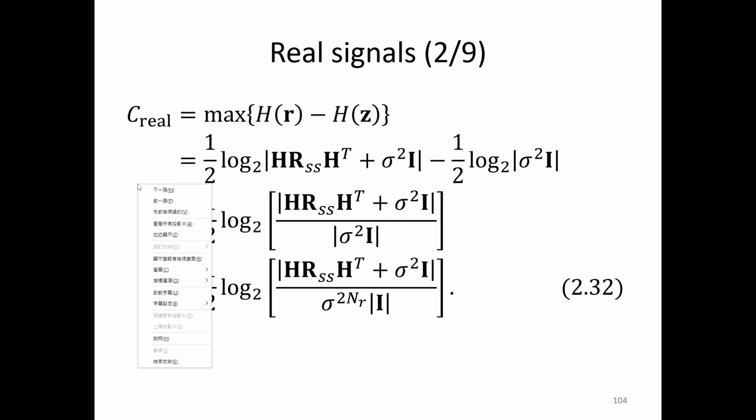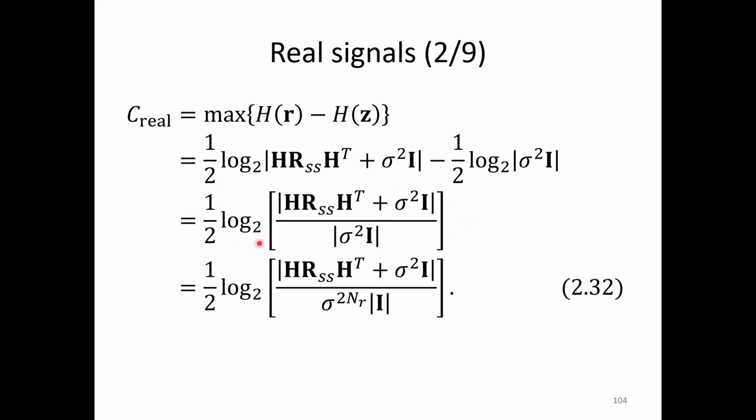So we have derived this equation. And according to a property of the log function, log 2 of x minus log 2 of y is equal to log 2 of x over y. So simply we can get this equation.